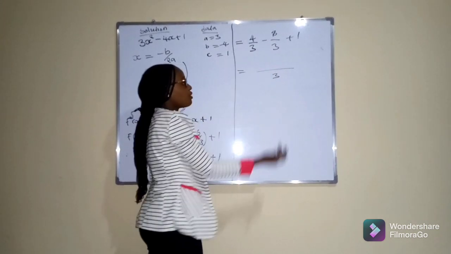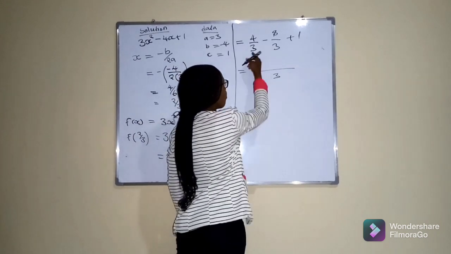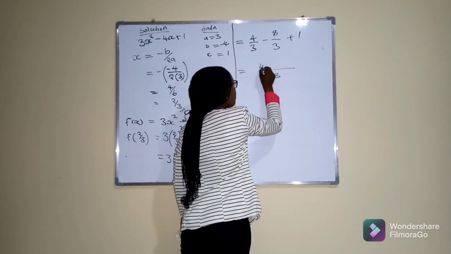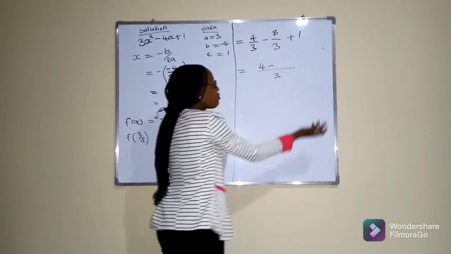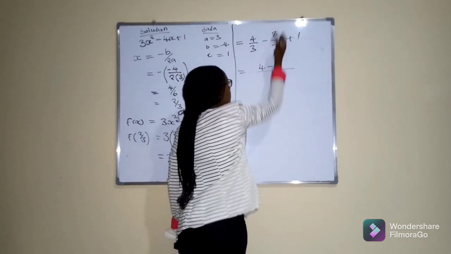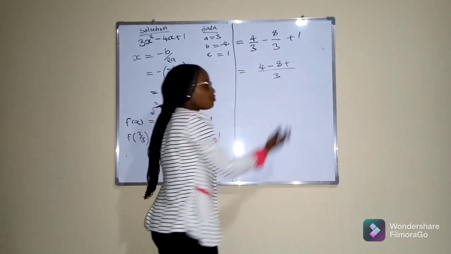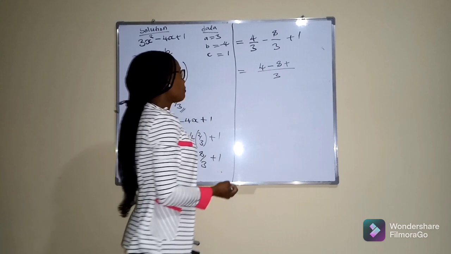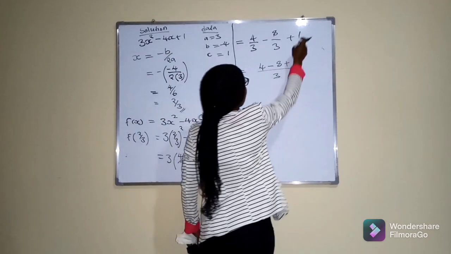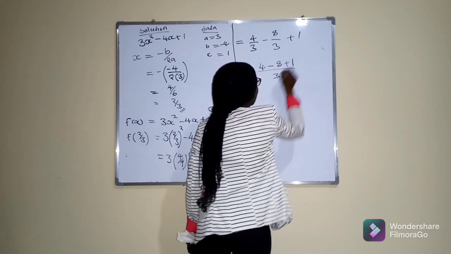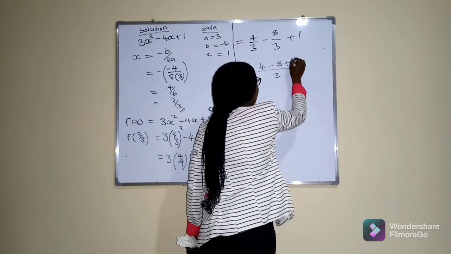So 3 into 3 gives us 1. Then 1 multiplied by 4 will be 4, minus 3 into 3, which is also 1, multiplied by 8, then plus 1, 3 into 3 is 1, multiplied by 3.